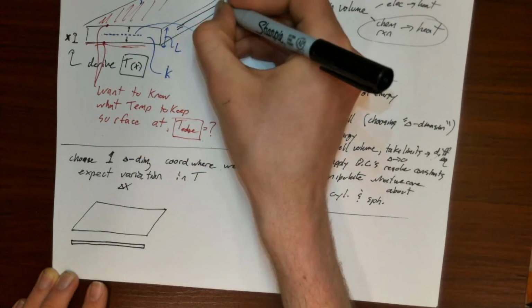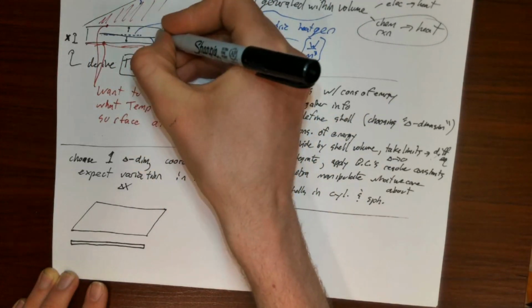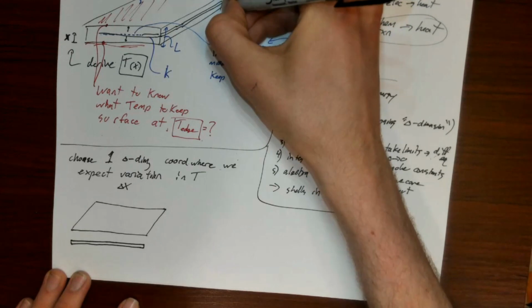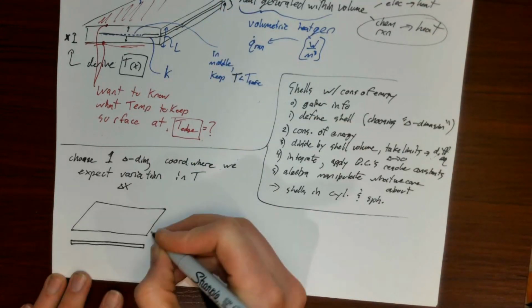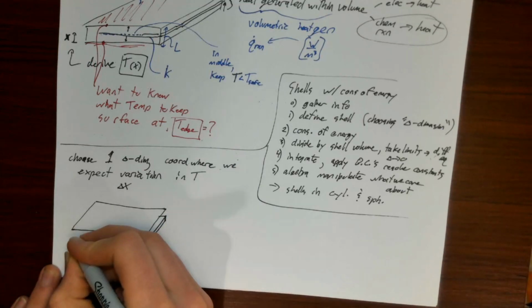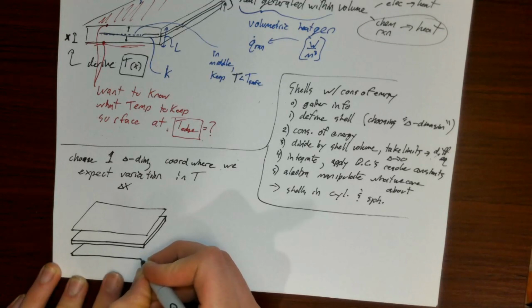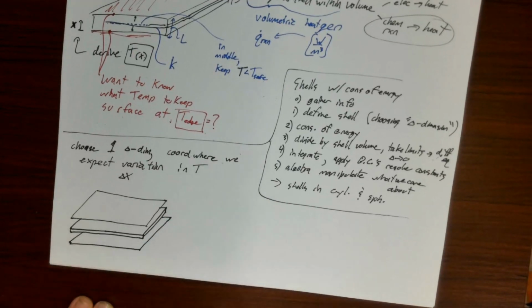If I took this material and sliced it up into a bunch of slices, each slice having a thickness delta x, what would that look like? This is what it would look like.